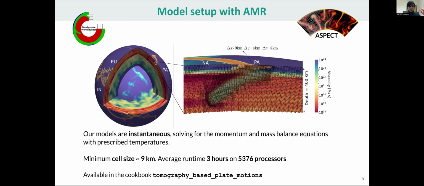Our models are instantaneous, and we only solve for momentum and mass balance equations with prescribed temperatures. All of these data types are implemented in a modular fashion in ASPECT, so that we can change the input tomography or input lithospheric structures, or whether we want to use the slabs, or how much weaker we want the viscosities of plates to be. We can change all that in a modular fashion in ASPECT. This is right now available in this cookbook.